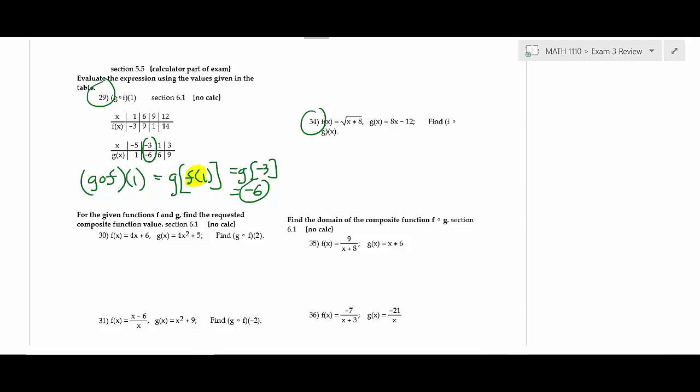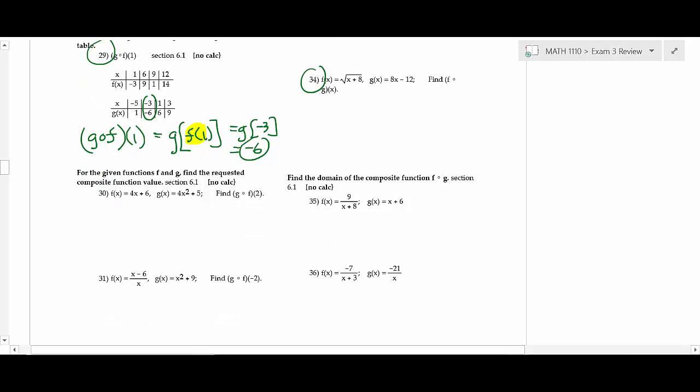Okay. Let's go down and do this 30 and 34, just to give you a quick review here. So you're doing g composed of f of 2. That's going to be g bracket f of 2. To me, that's the key, is to write that on your paper like that. So you're going to start with f of 2.